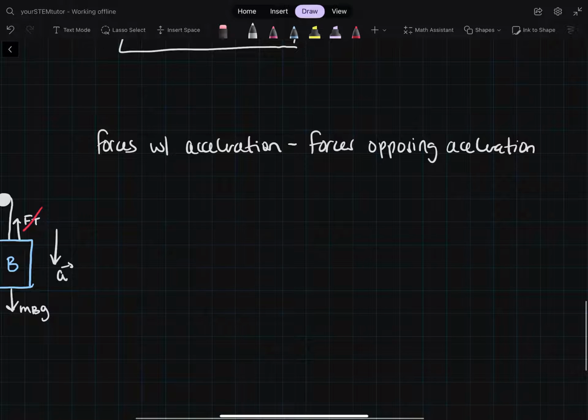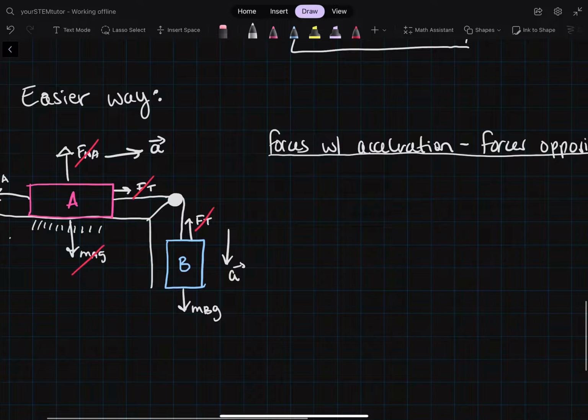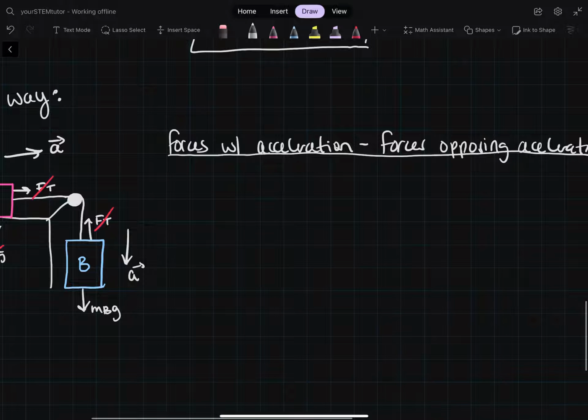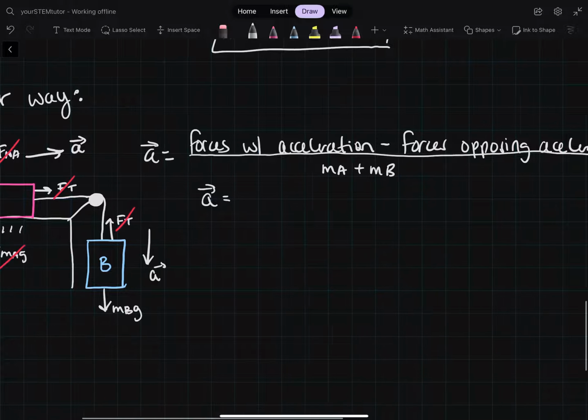And since we're taking the entire system instead of just the two blocks, we have to divide by both of the masses, so mass A plus mass B. And this is going to give us our acceleration. So it'll make a little more sense in a second.